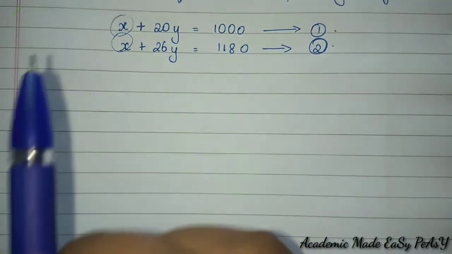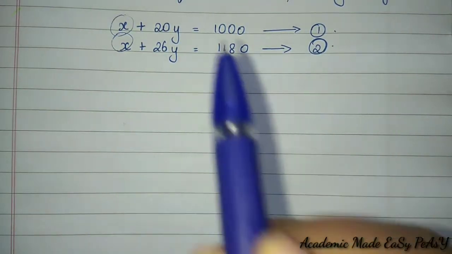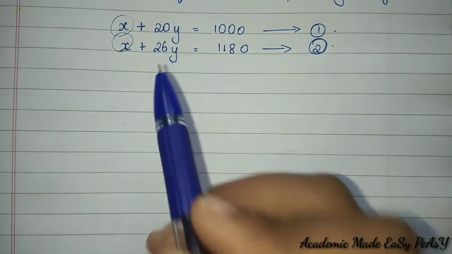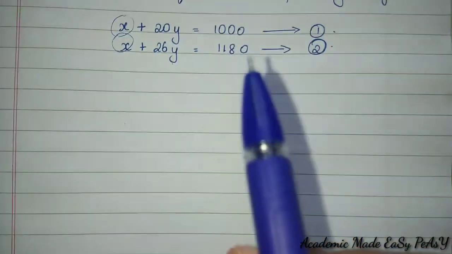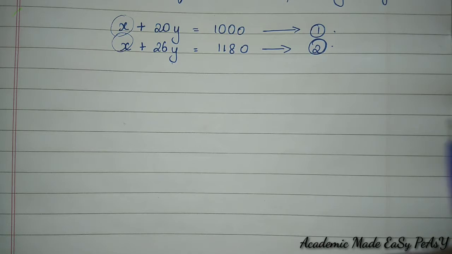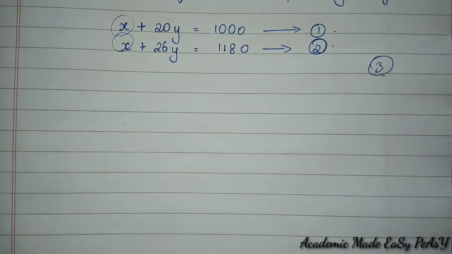So let me do it with the elimination method. Whatever is easy for you, you can go with that. If the cross multiplication method is very easy for you, you can do it, or else you can do any method. It is not mentioned that we have to use this method or that method. It is just given as the algebraic method. In the algebraic method we have three types, so you can do any one of them.